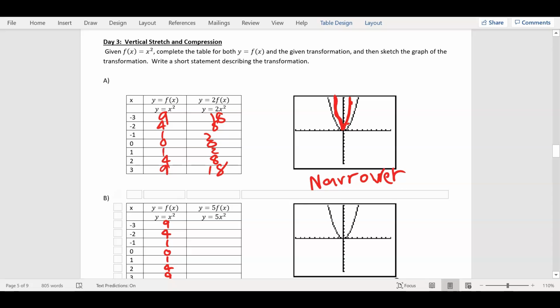So everyone's filling out B, C, and D. If you're stuck, I will help you. Which one are you on? Don't forget to sketch it when you're doing these little graphs. Okay, good. Go to D and E.